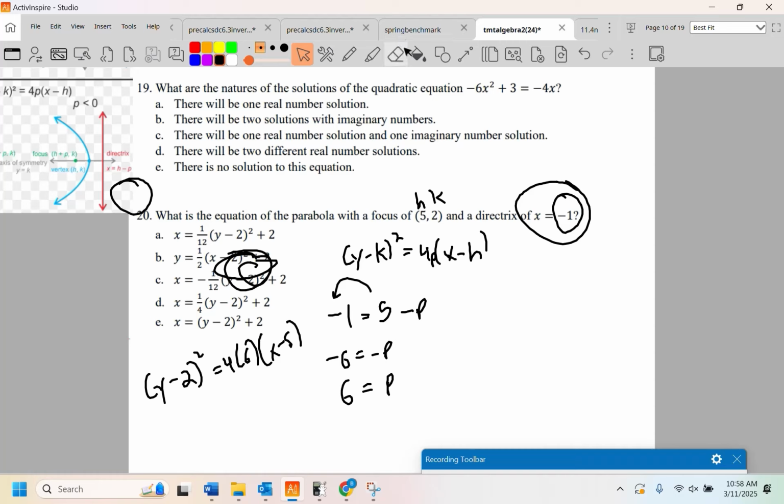Yeah, they have solved this thing for x. Because it's a horizontal parabola, it has been solved for x. So it's going to look a little funny here. But anyways, this is going to give me a 24 when I do 4 times 6, which I don't see on the other side. That's kind of interesting.